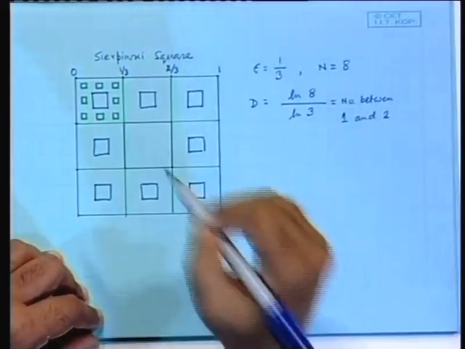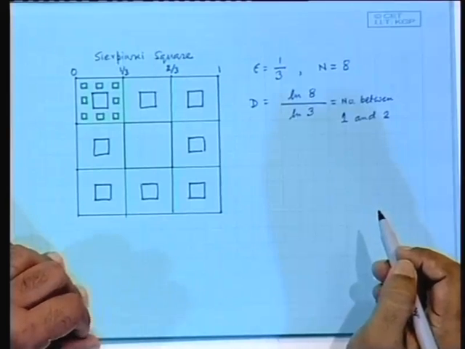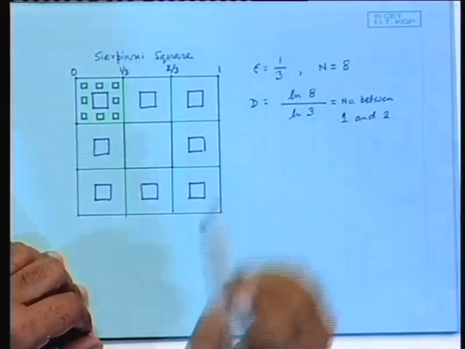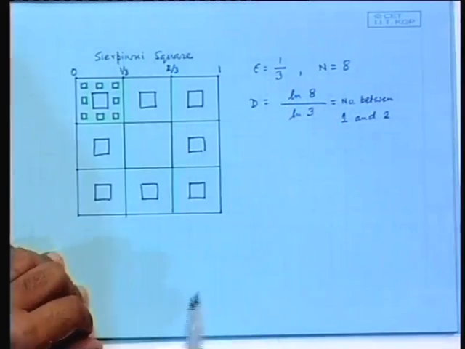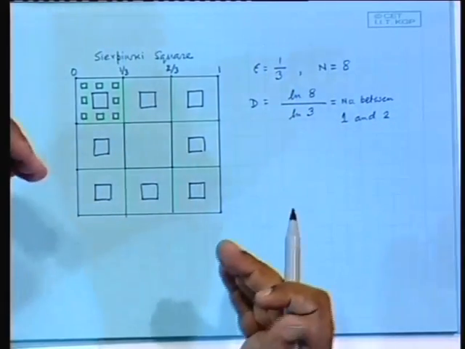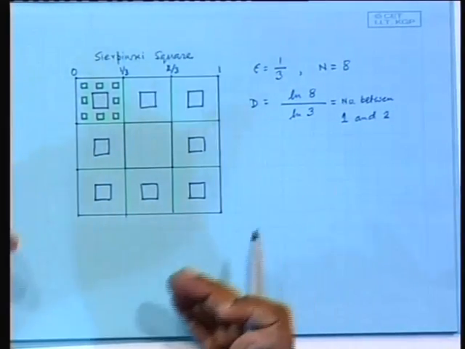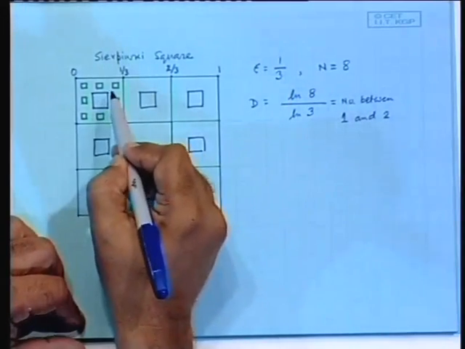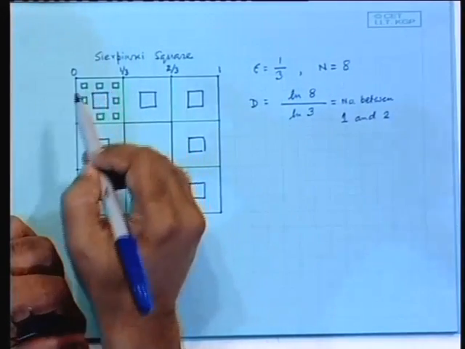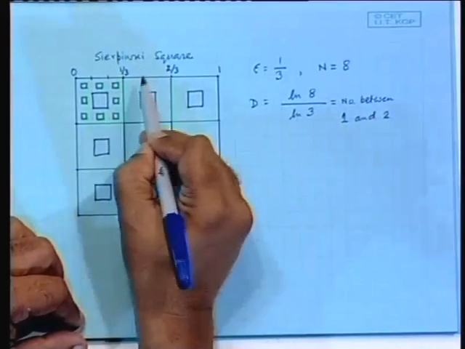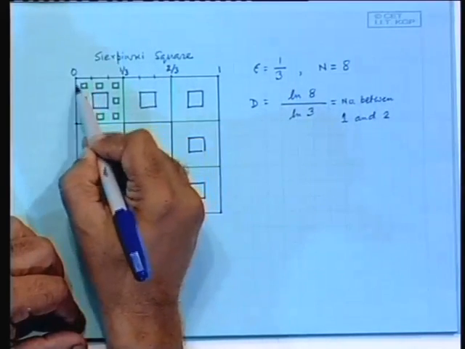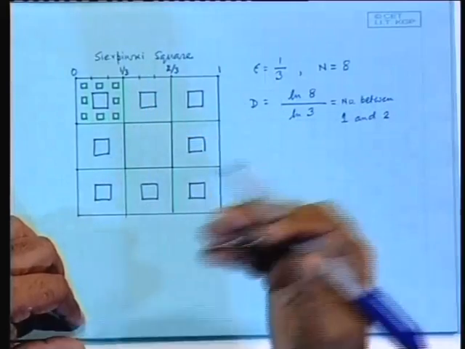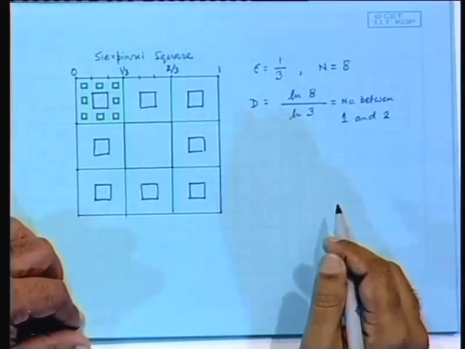So, we have this particular number as the representation of the dimension, but when epsilon is 1/3, you might argue, what happens if epsilon is brought down further. For example, it will be convenient to bring down epsilon to 1/9 maybe at the next stage. So, we have these chunks, and we are considering these boxes as the grids, and we are asking how many of these grids are now necessary in order to cover this object.